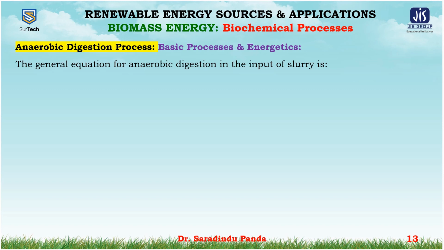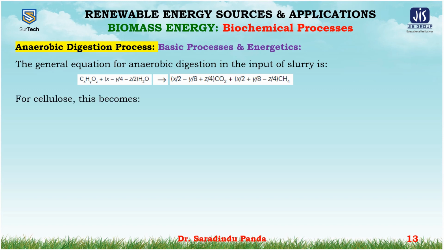The input of the slurry is CxHyOz plus (x minus y/4 minus z/2) H2O is equal to (x/2 minus y/8 plus z/4) CO2 plus (x/2 plus y/8 minus z/4) CH4. For the cellulose, this becomes C6H10O5 plus nH2O. It generates 3nCO2 plus 3nCH4.